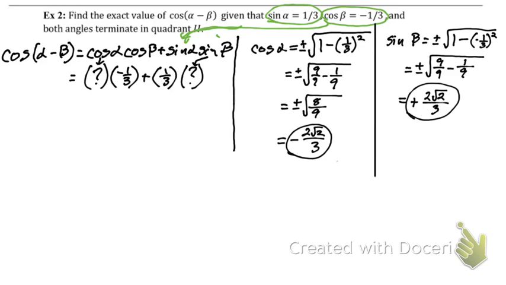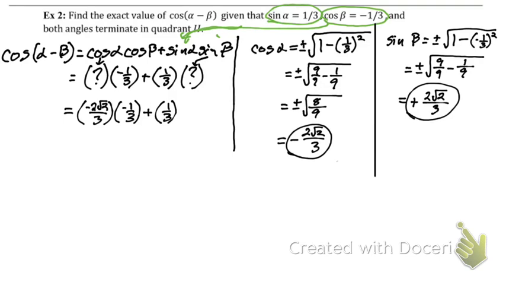All right, they gave me 2 values. They gave me sine alpha and cosine beta. I just had to find the cosine alpha and the sine beta, and then we just plug it into this equation. So we said we were missing cosine alpha. Well, we found it. Cosine alpha is negative 2 square root of 2/3. So we're going to have negative 2 square root of 2/3 times that negative 1/3. They gave us that value. Plus 1/3 times our sine beta.